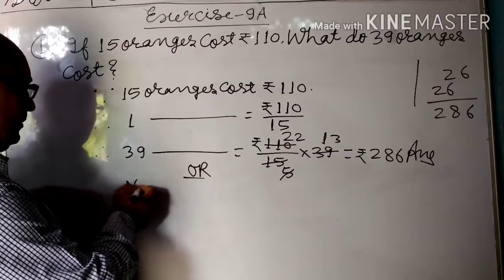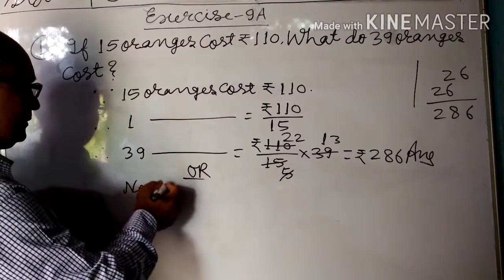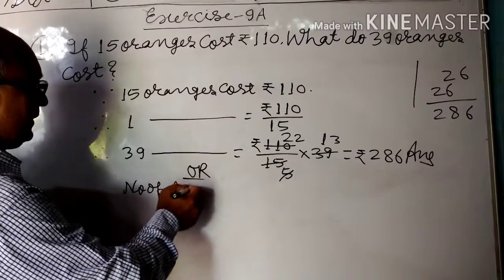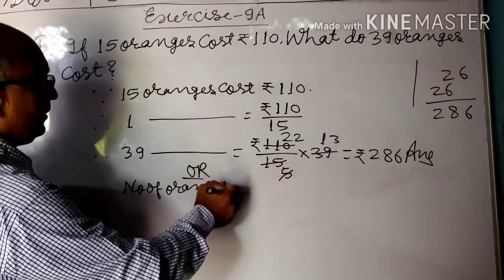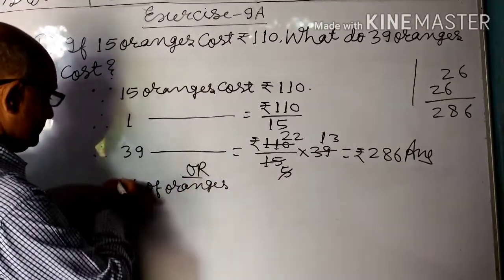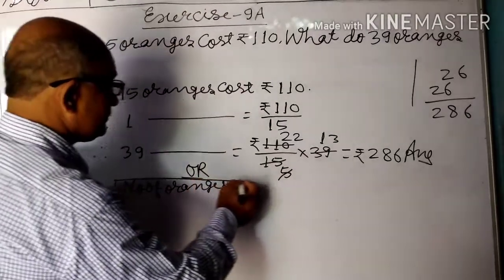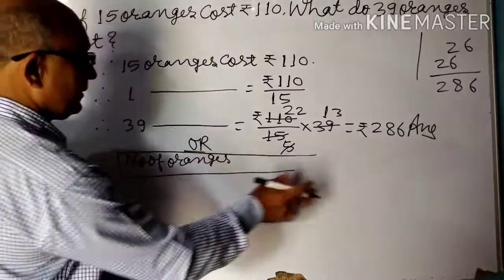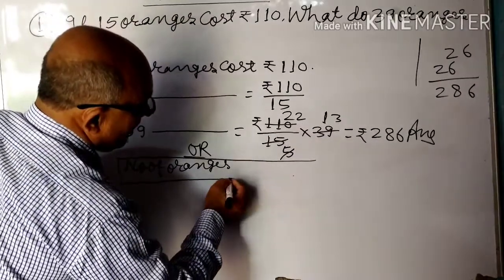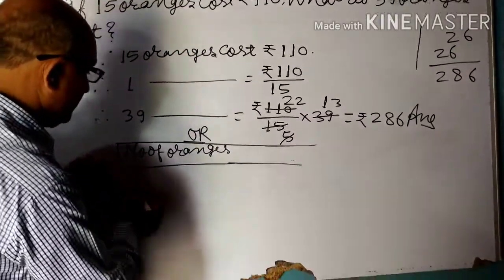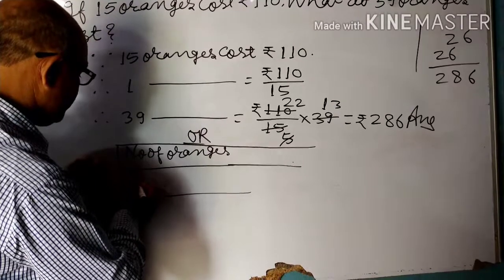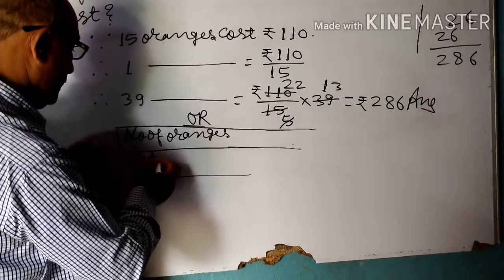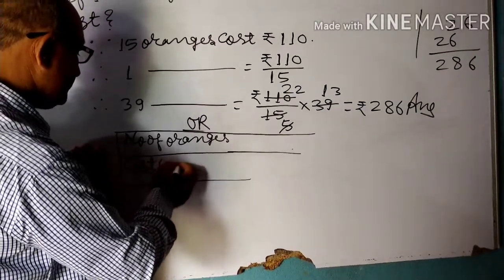First box, number of oranges; second box, cost in rupees.